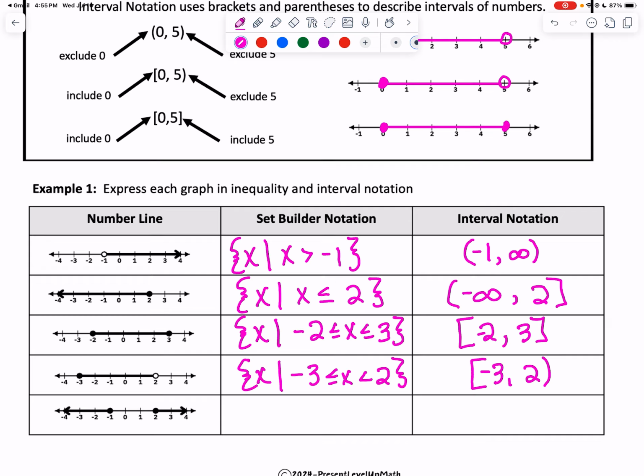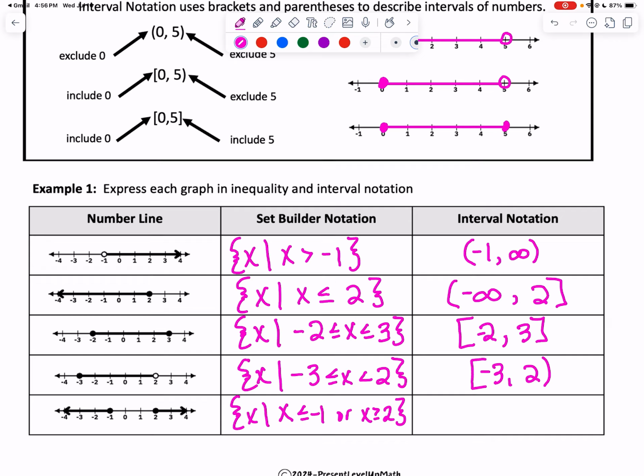Now, in our next example, we have a compound inequality, and this says that x is less than or equal to -1, or x must be a number that is greater than or equal to 2. So in set builder notation, we'll say the set of all x's such that x is less than or equal to -1, or x is greater than or equal to 2.